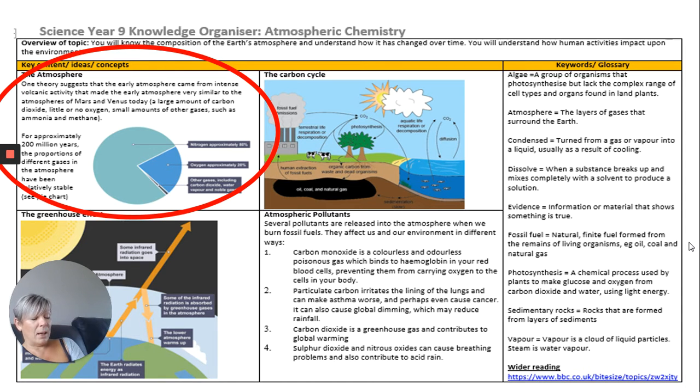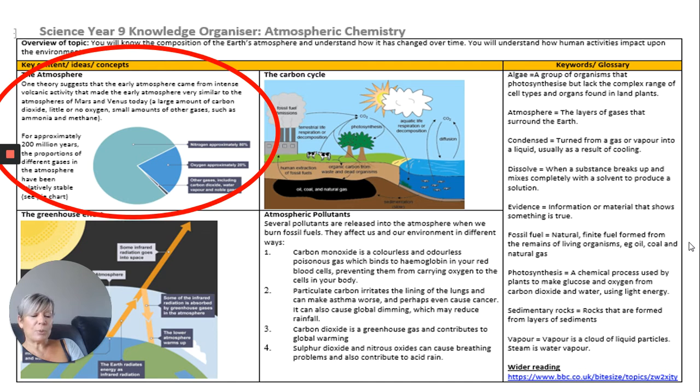So use this as a hook. If there was lots of volcanic activity, the water available would have been locked up as water vapour, and volcanic activity emits lots of gases such as carbon dioxide. If there was no usable water and lots of carbon dioxide, then animals and plants would not have existed.